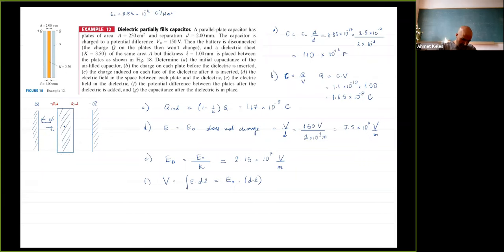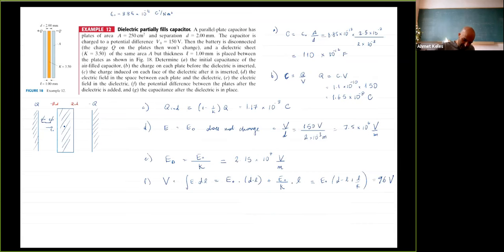And inside, it is going to be plus E0 divided by K times L. I can take everything in the E0 parenthesis: E0 times (D minus L plus L over K). Let's calculate this. It is something like 96 volts.